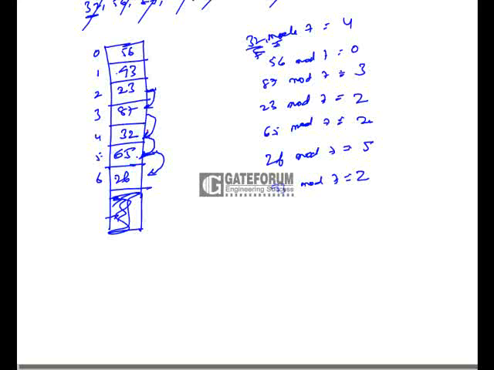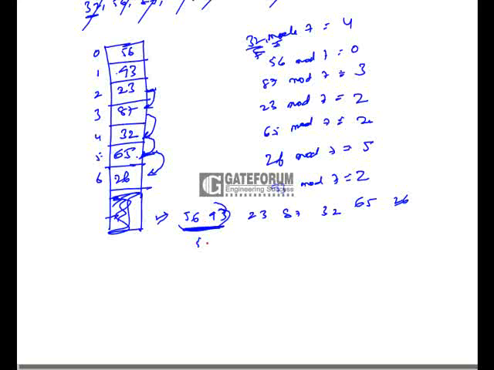Now we have to apply bubble sort on this. The content is 56, 93, 23, 87, 32, 65 and 26. In bubble sort, first the first two elements are compared, according to the order.